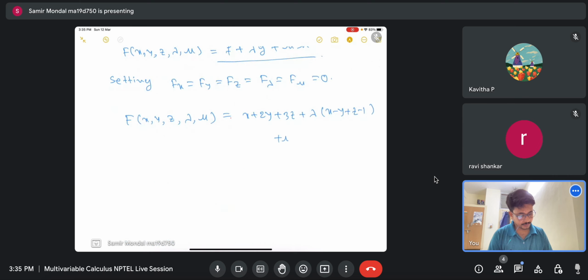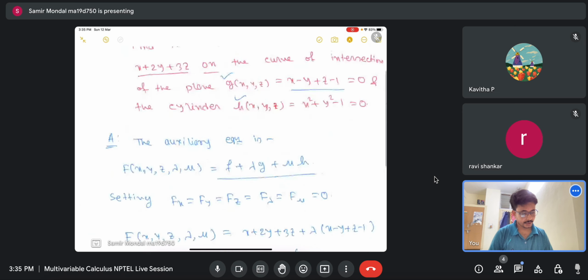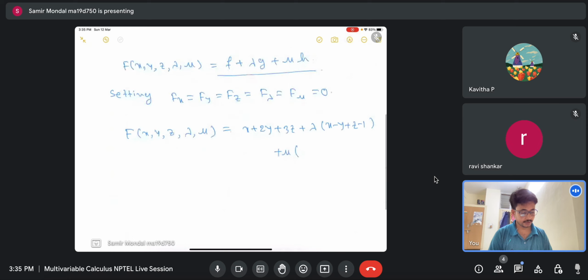Plus mu into x² + y² - 1 equal to 0. So this is your auxiliary function.